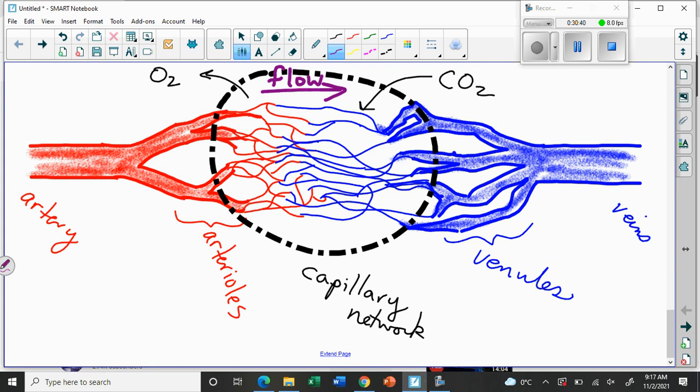This could also represent the microvilli of an intestine, where nutrients have to get into the bloodstream from our digestive system. It's not always CO2. It could be that nutrients are entering the bloodstream. So we could put nutrients here.